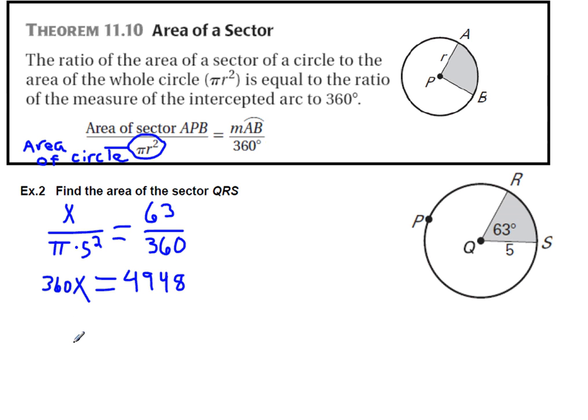And then we need to divide by 360. So I'll just press divided by 360. And so now I'll round at the very end, 13.7. Just round to one decimal place. 13.7, and there are no units here, so we'll just say units squared. This is an area. Find the area of the sector.